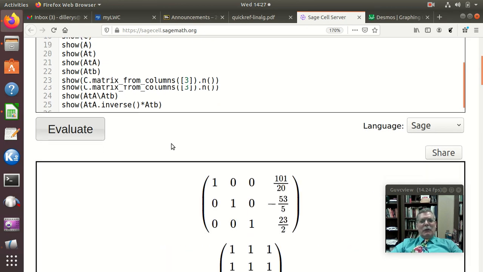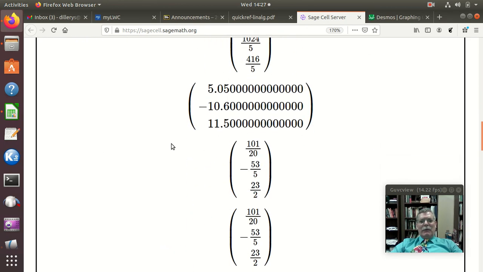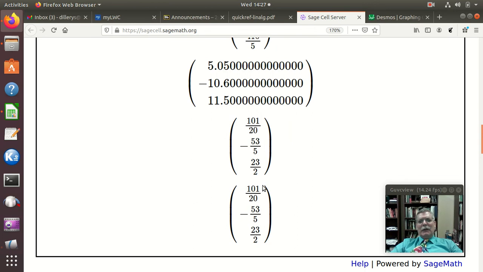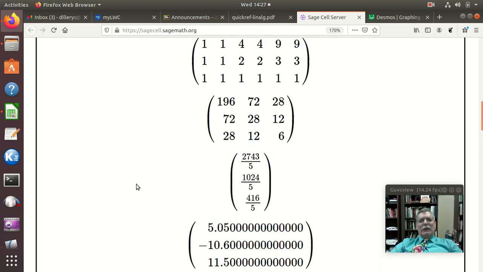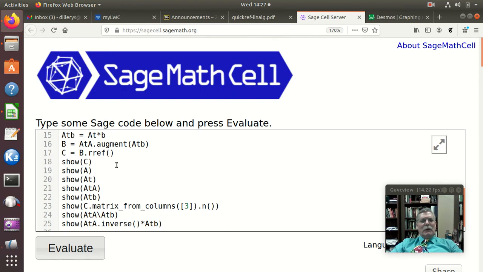So let's see what happens. Maybe fine. Yeah, it's fine in this case. We get the same answer. So we have these three ways to get the answer.